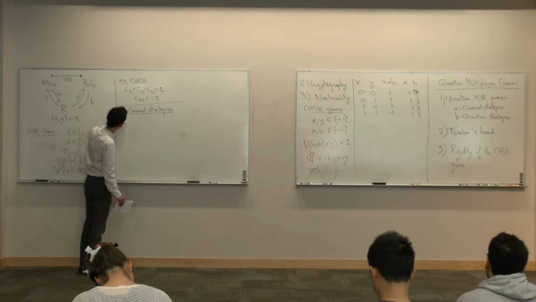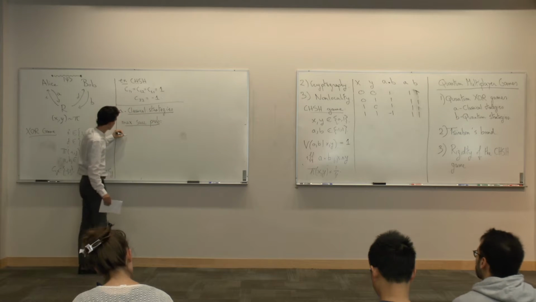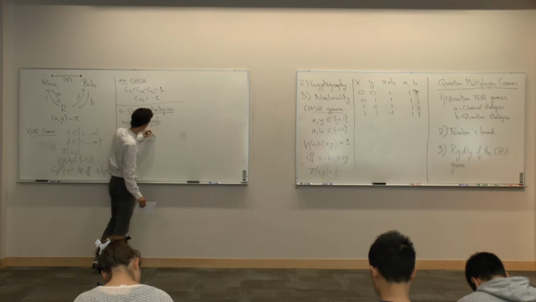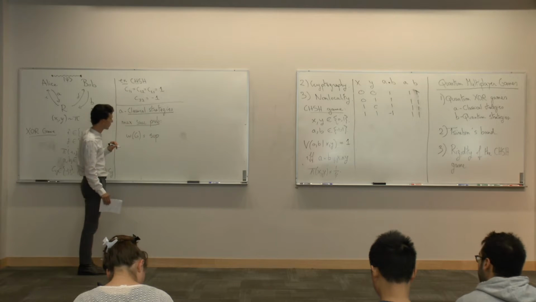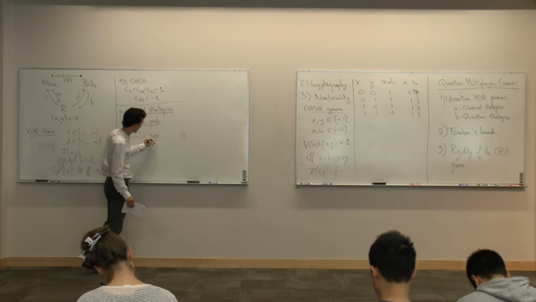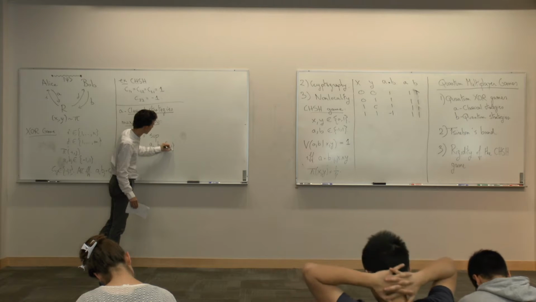So the maximum success probability is an important expression, so I'm going to write it. It's going to be the supremum over all strategies, and a classical strategy, as we were saying, is just an assignment of answers, so values a_i and b_j in minus 1, 1.